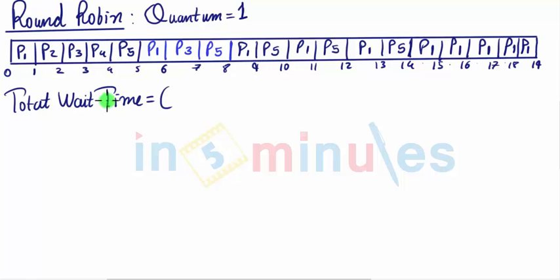If we talk about P1, P1 started over here, so 0 for this, but then it waited 1, 2, 3, 4 for the first cycle, then again started over here, then waited 1, 2, so 2 for this, then again started here, then waited 1, then again started over here, waited 1, again started here and waited 1, and then there was no waiting.